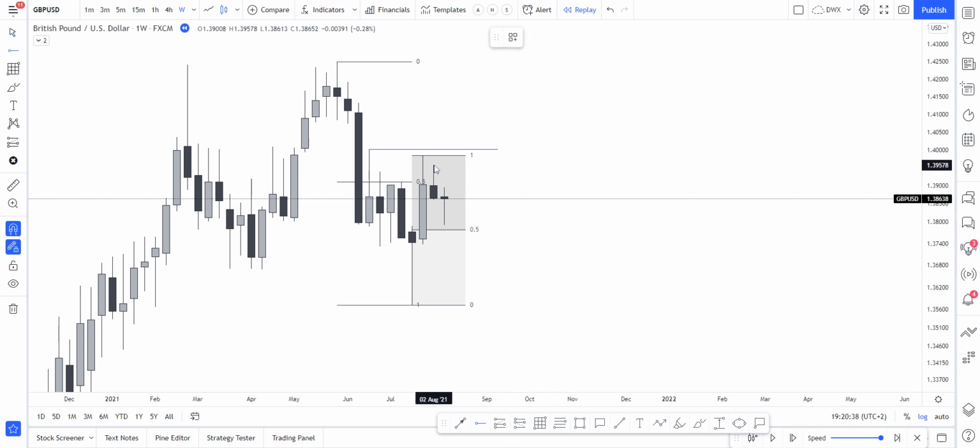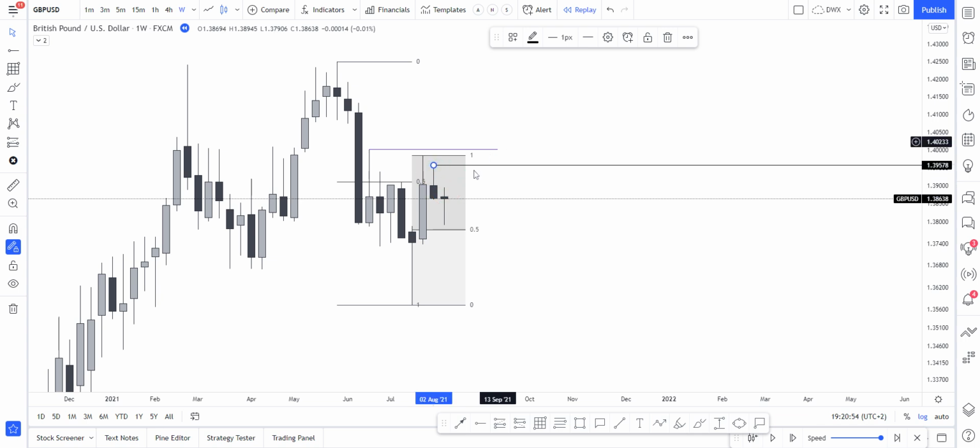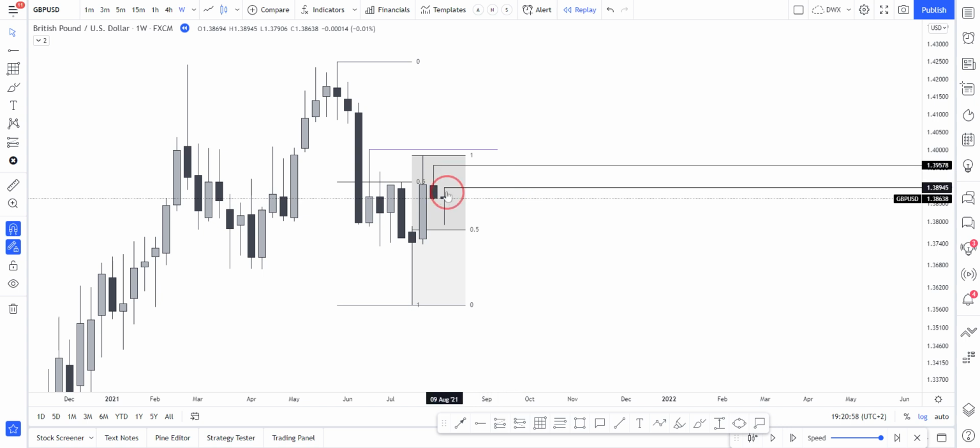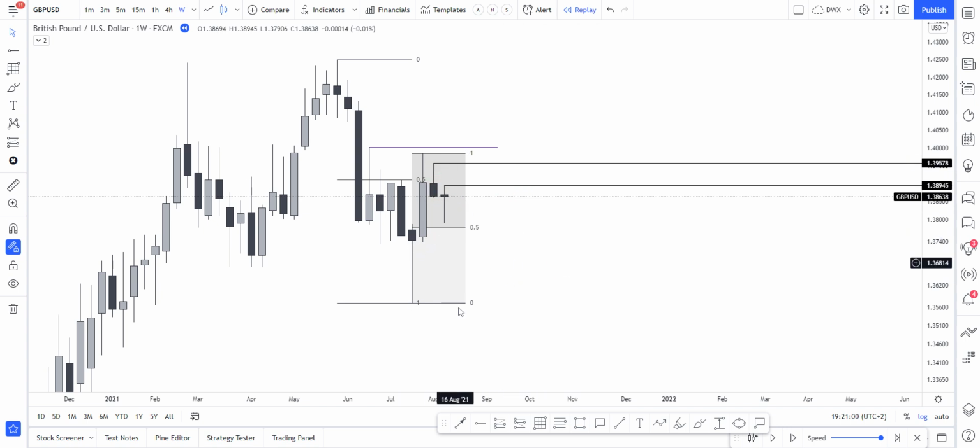We can see there's our previous weekly high. Well, actually, this is the previous weekly high, but we can use this one as well as relevant because it's in the premium. So we could potentially see price sweeping either one of these two levels. So I would keep them both on and then move towards the downside.